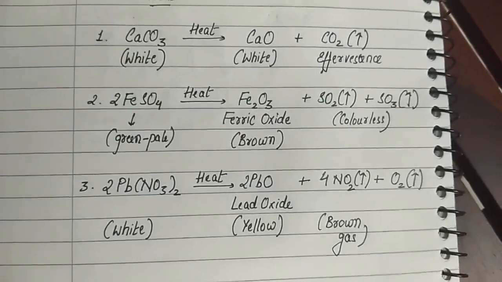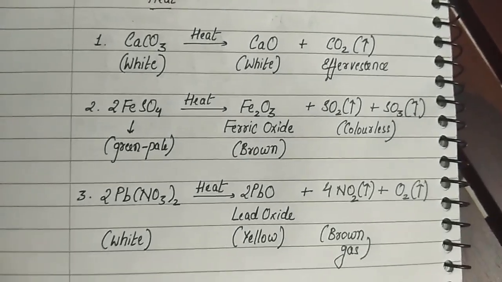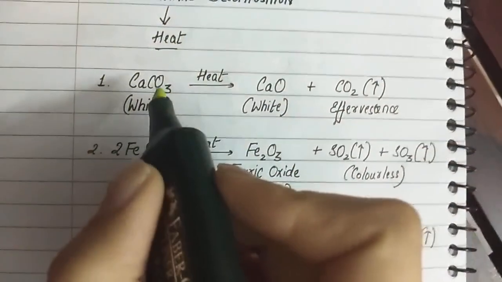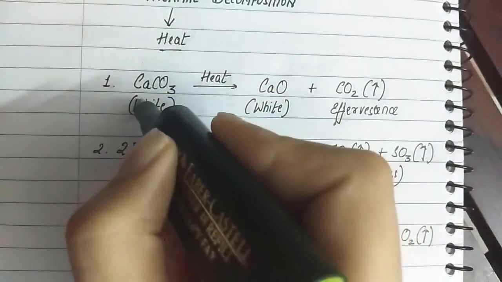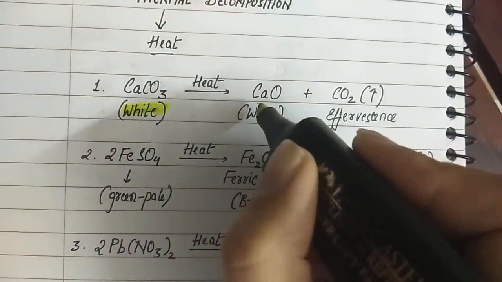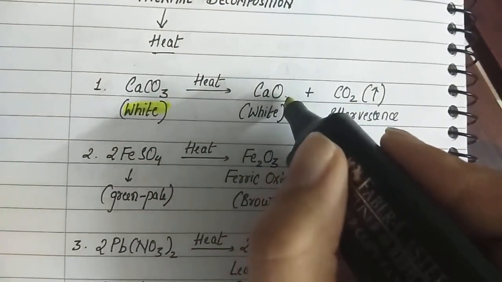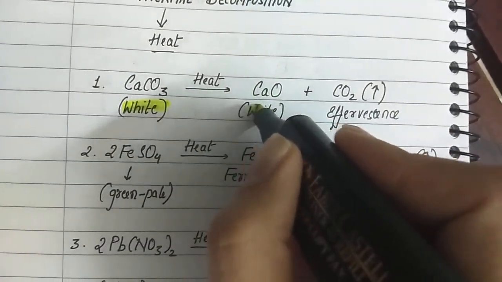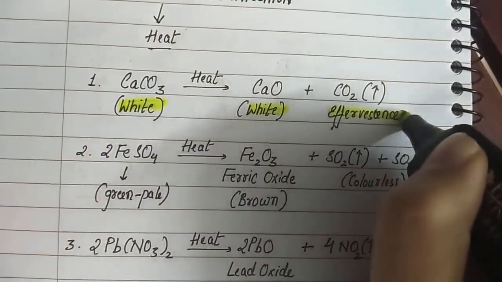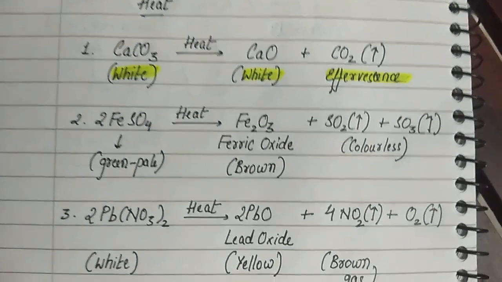Let us highlight what are the changes that we observe in all the three reactions. Let us see for the first reaction. This is a white colored solid which decomposes to give calcium oxide, which is yet another white colored solid, along with effervescence.